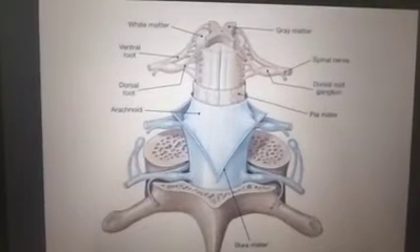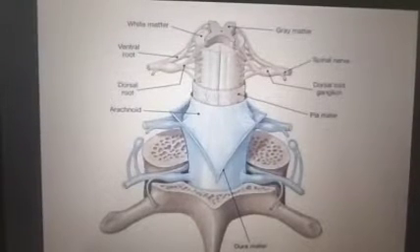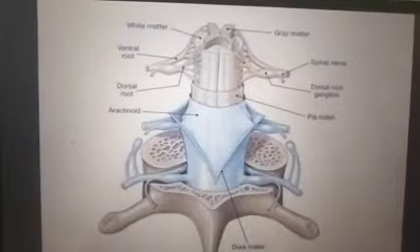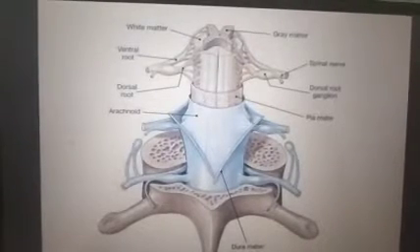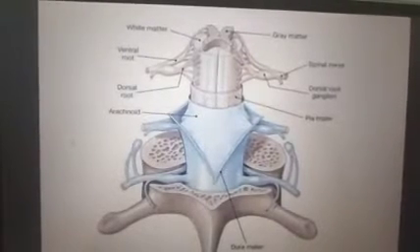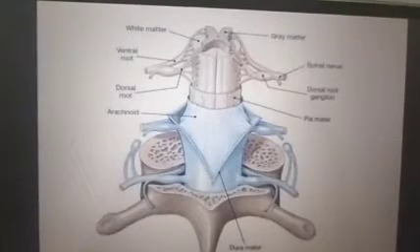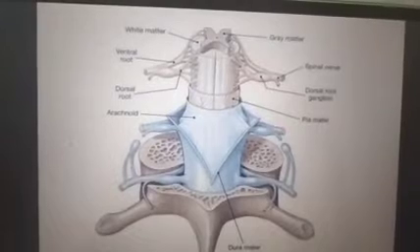Through each vertebra there is a formation of the vertebral canal or central canal through which the spinal cord is passing and ending at the lower border of L1 or upper crest of L2.